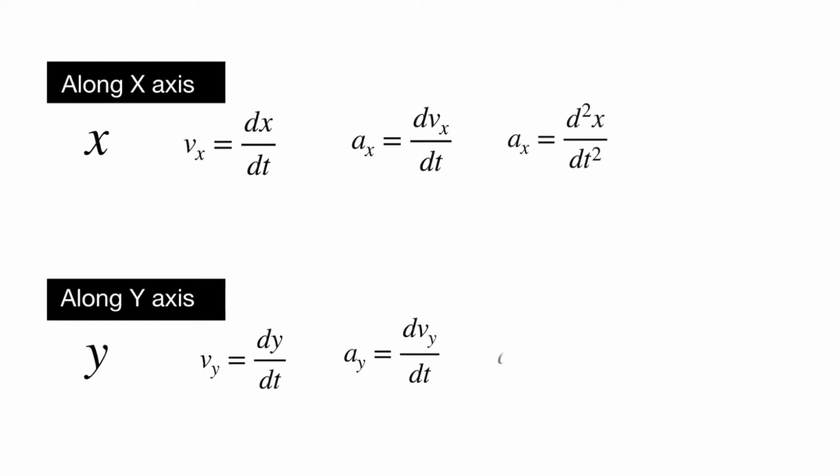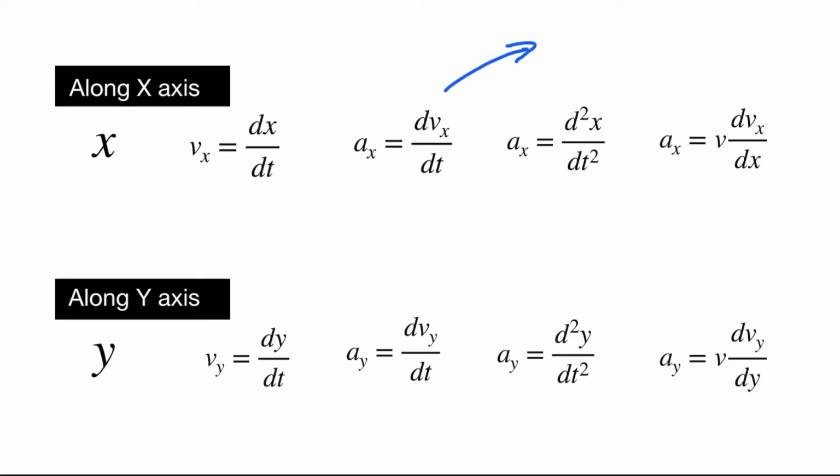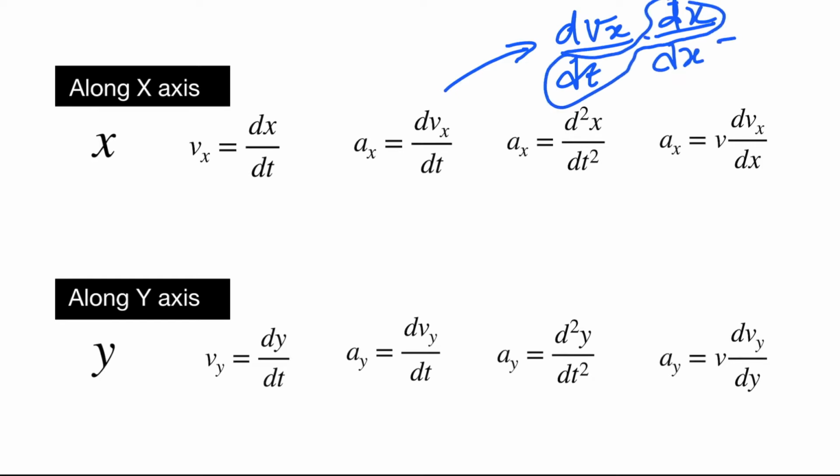Now this acceleration can be presented as a second derivative of position. If acceleration is a function of displacement, then this will be equal to dvx by dt. You just multiply with dx and divide by dx. So dx by dt, which is this one, is equal to vx, and this formula becomes vx dvx by dx, and that is this formula.